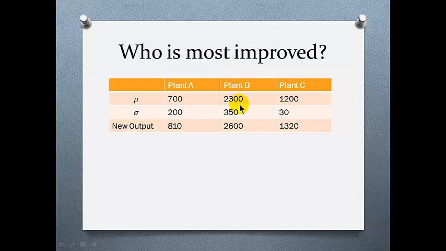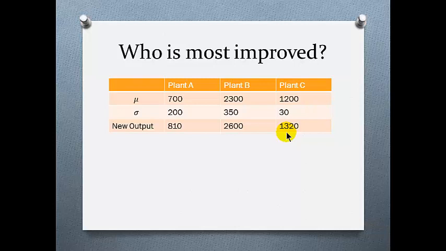At plant B, they're bigger, more efficient, they've got more technology. They average 2,300 units per month with a standard deviation of 350. But this month, he pulled off 2,600 units. Plant C averages 1,200 units per month with a standard deviation of 30. They pulled off 1,320 last month.